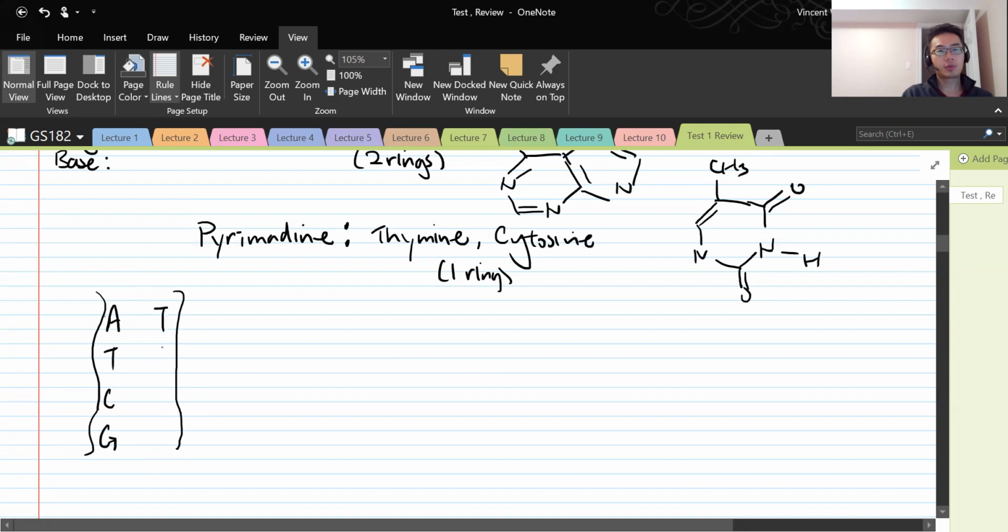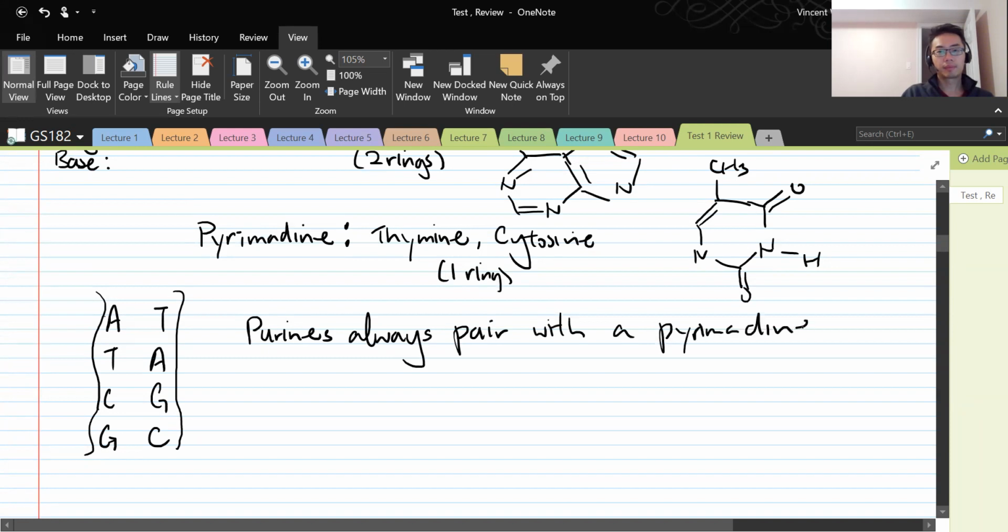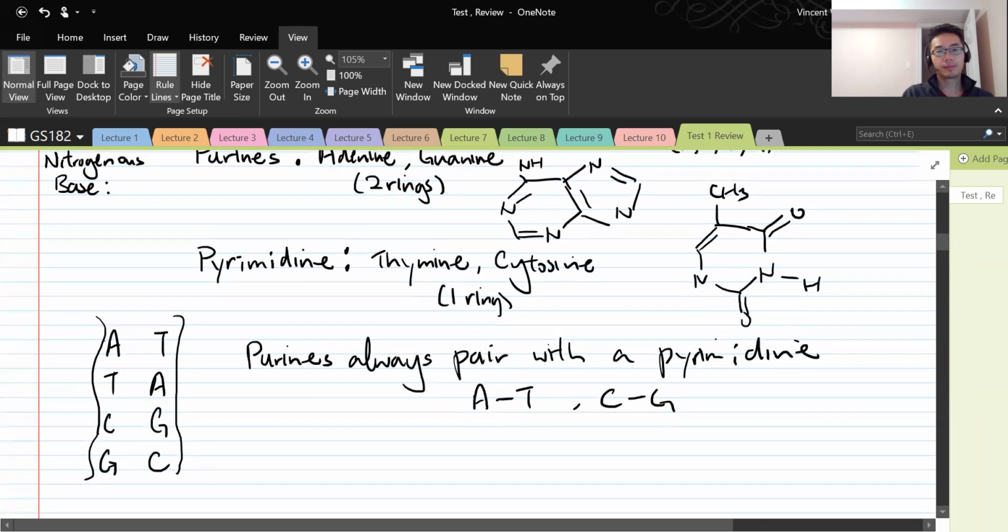Well, A always pairs with T, T pairs with A, C pairs with G, and G pairs with C. So in general, a purine always pairs with a pyrimidine. I think I spelled it wrong. And so A and T go together, and C and G go together.